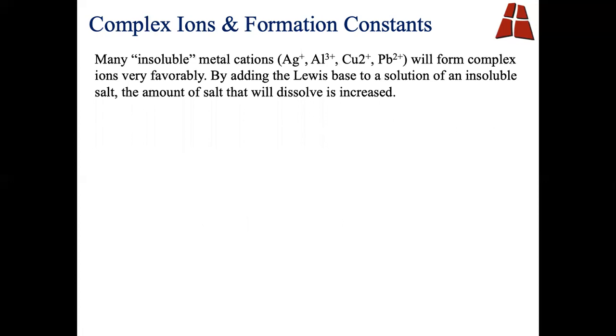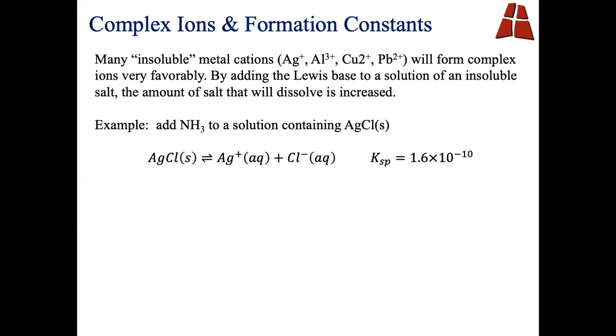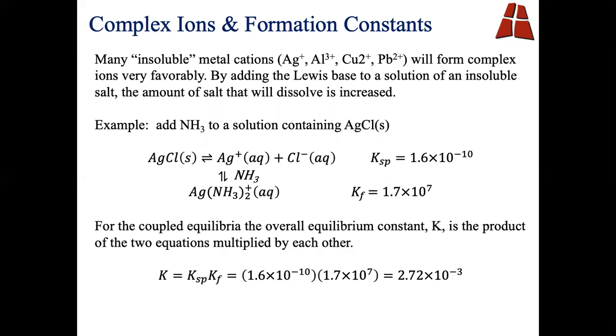This can be very handy when we have a cation, a metal that will form a complex with other ligands, and it will make it more soluble. If we consider another silver salt, silver chloride, which is partially soluble, we have a KSP value of 1.6 times 10 to the minus 10th. If we were to add ammonia into this solution, we would form our silver ammine complex, for which we just determined the KF is 1.7 times 10 to the 7th.